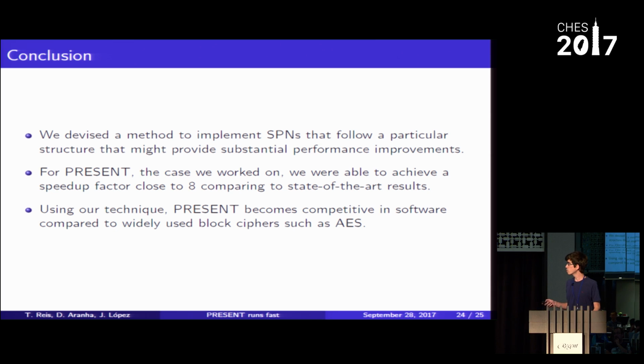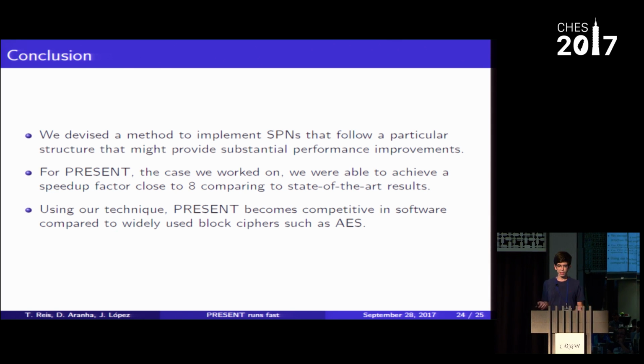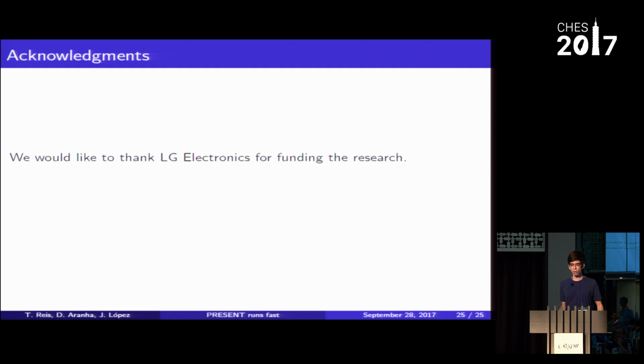And also, using our technique, PRESENT becomes somewhat competitive with widely used block ciphers such as the AES. And just as an acknowledgement, we would like to thank LG Electronics for funding the research, and also thank you all for your attention.